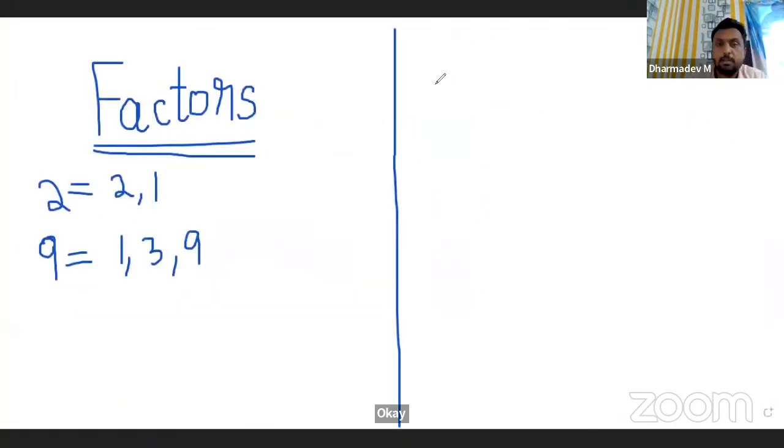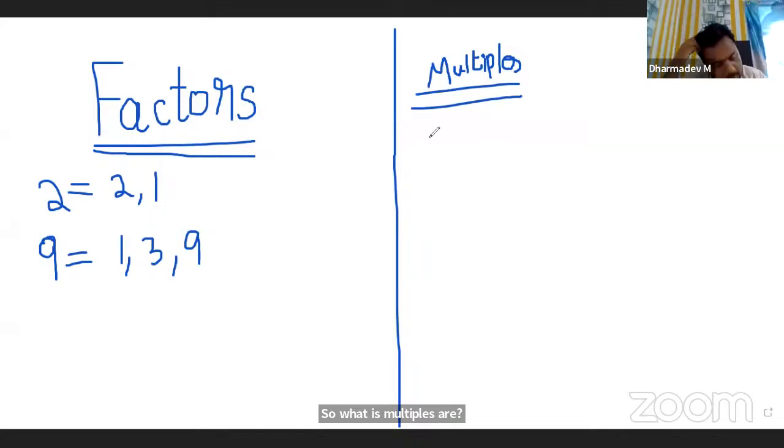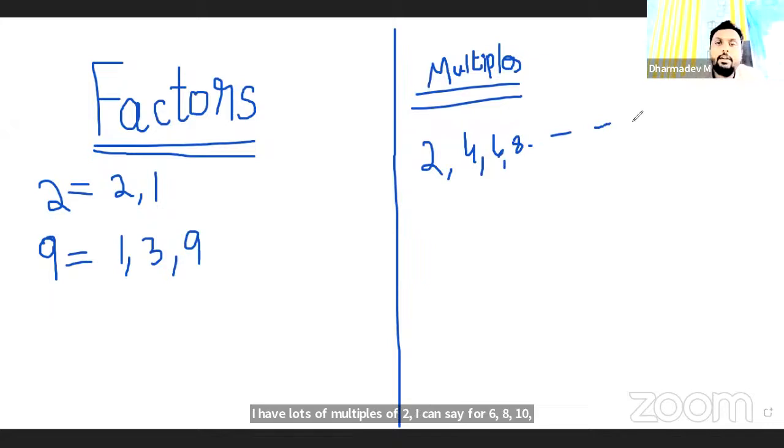Okay. Now it's about multiples. So what are multiples? A multiple gives you the next number. For example, what are the multiples of 2? I have lots of multiples of 2. I can say 4, 6, 8, 10, and it goes on. Everything are multiples of 2.